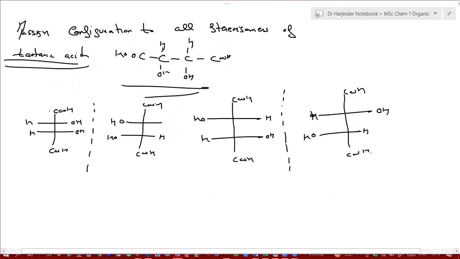Suppose this is 1, 2, 3, 4. So you have to write down the configuration over carbon number 2 and carbon number 3. So in the first case, what is it?